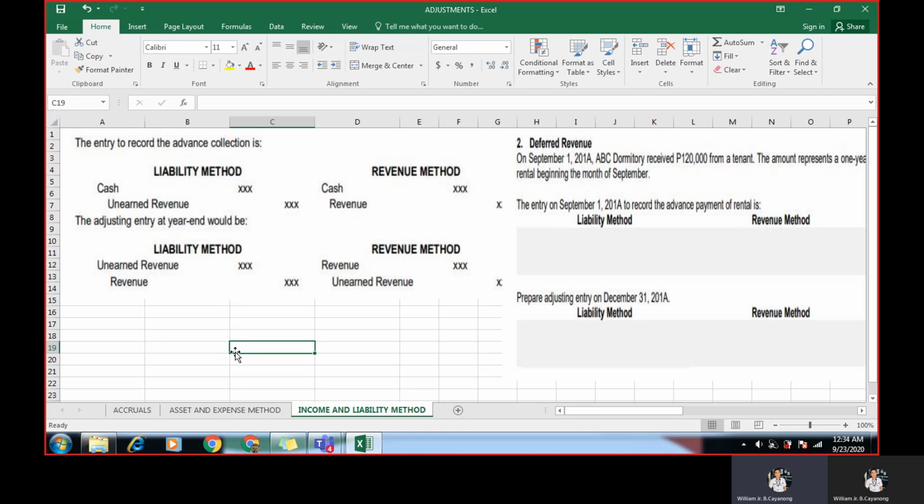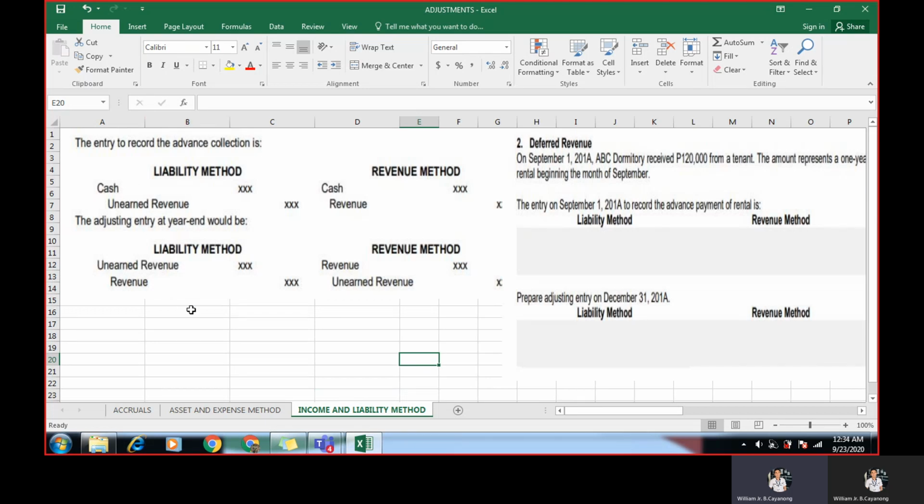Now, as what I have read a while ago, kapag liability method ang ginamit natin, we are recording actually a liability or unearned revenue account. So if we are going to receive advance payment from the customer, we will record it as liability if we are going to use liability method.